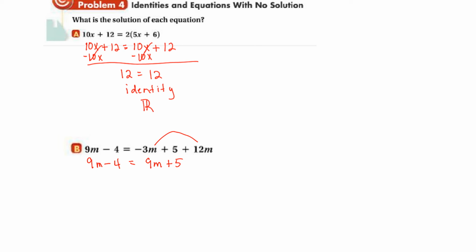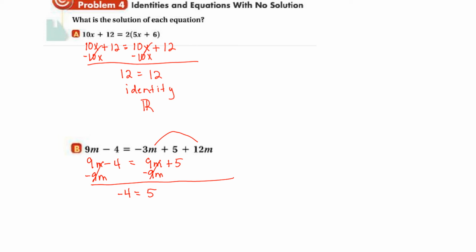Now if I look again, it's the same thing as above. I have the same variable term, 9m. So if I were to subtract the 9m from both sides, just as above, the variable terms zero out, and I'm left with negative 4 equals 5.